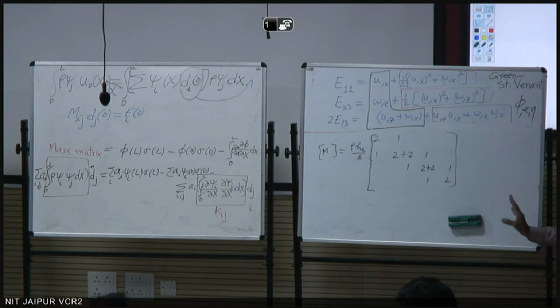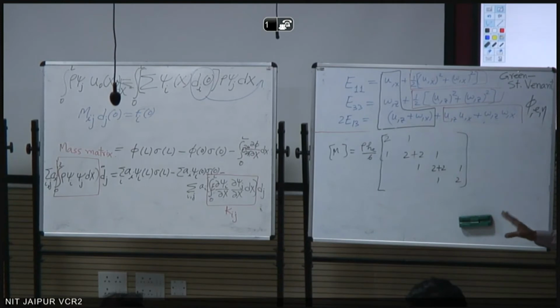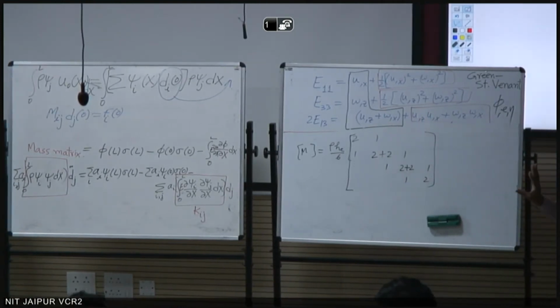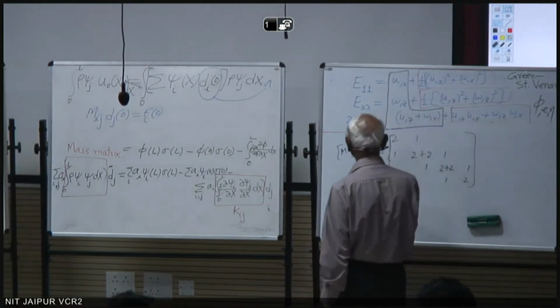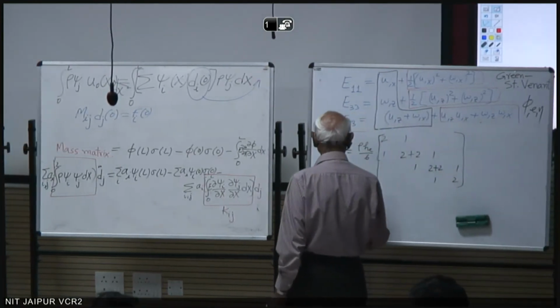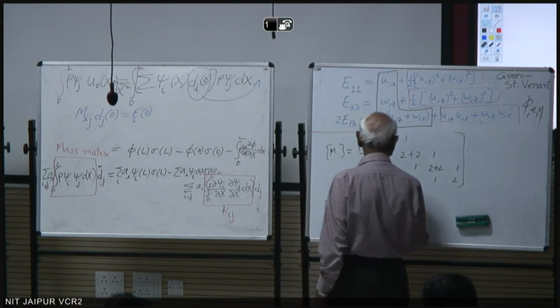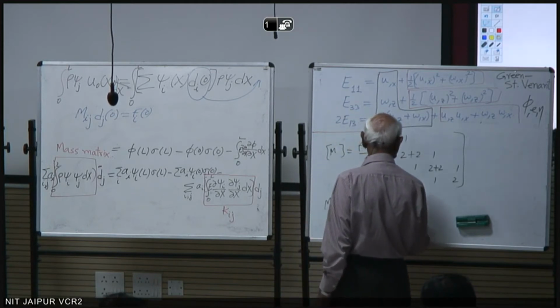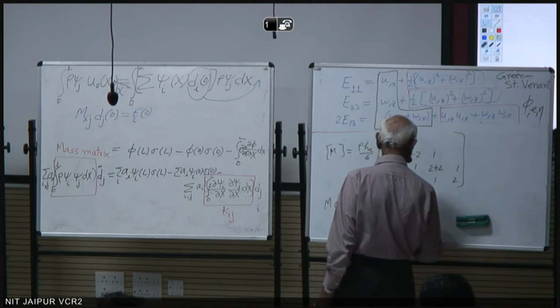Does it make sense? Okay? So the idea of showing this to you is that the equations are now coupled. M d double dot is going to be rho HE over 6 times 2, 1, 1, 4, 1, 1, 4, 1, 1, 2.